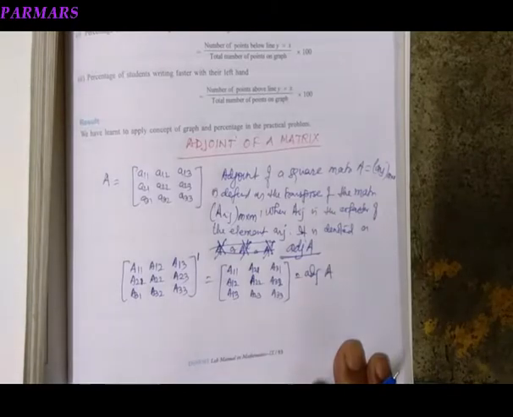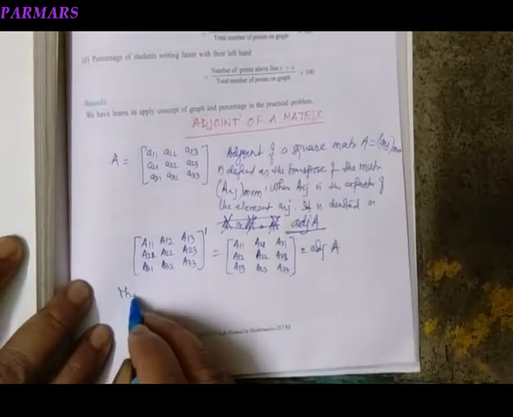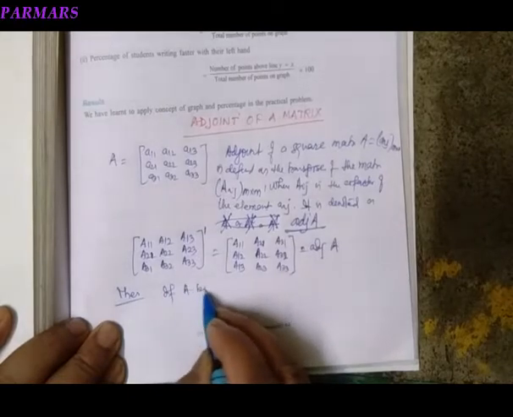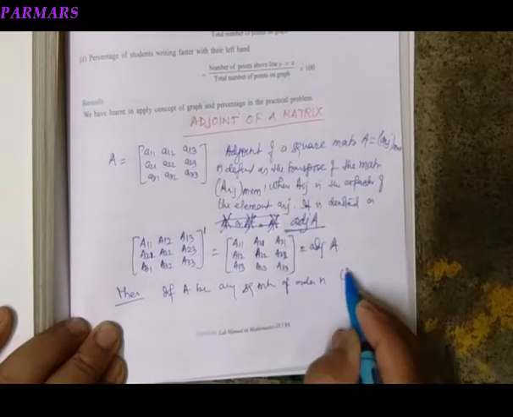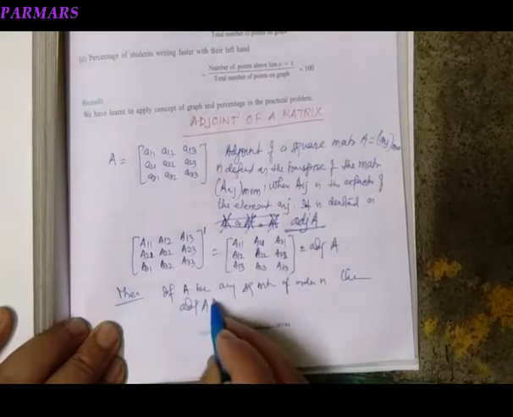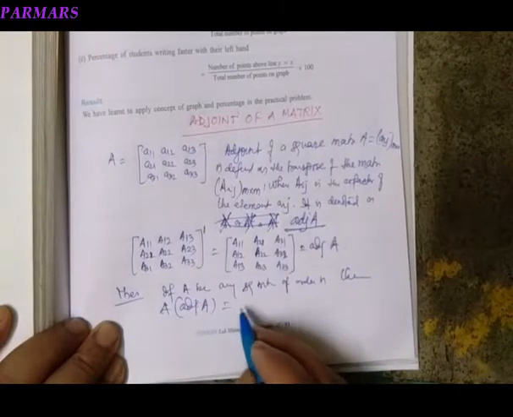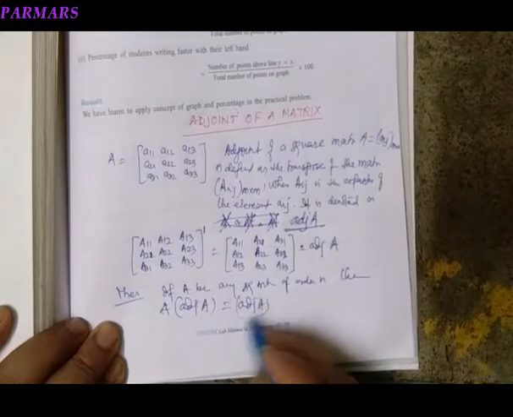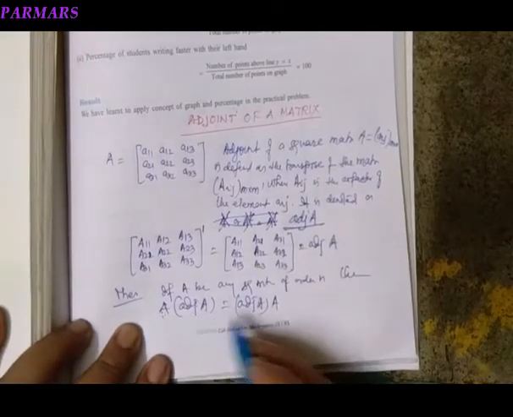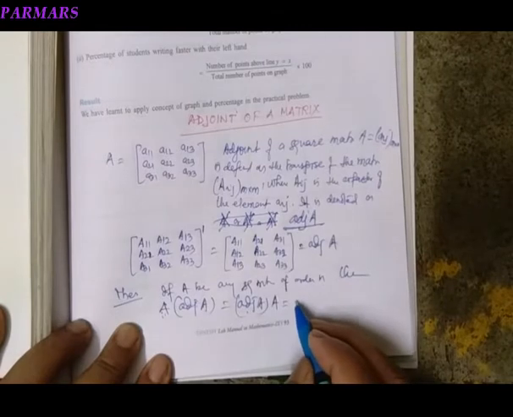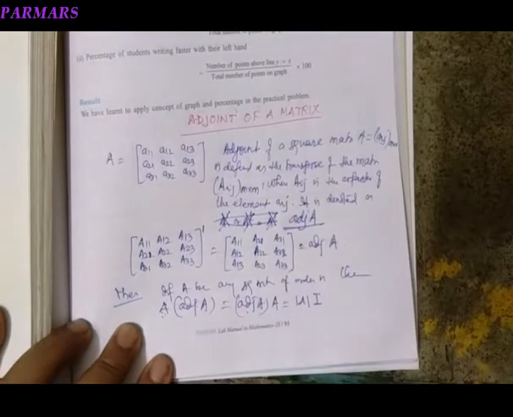Now if you expand all these, you will get a theorem that if A be any square matrix of order n, then the product of the matrix and its adjoint, either right way or left way, matrix multiplication is not commutative, but here A into adjoint A is equal to adjoint A into A, and that is equal to the determinant of the matrix into the identity matrix of the same order.